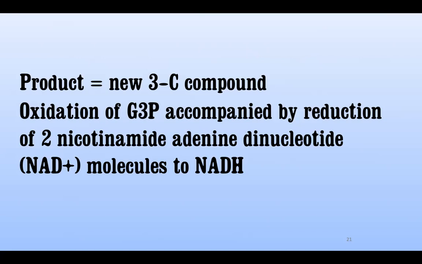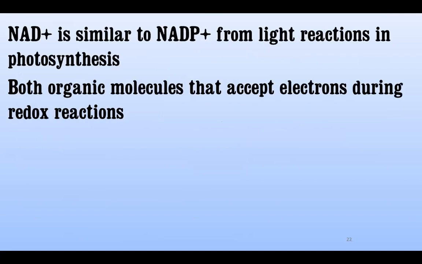Okay, so you're reducing NAD+ to NADH. And as I said, NAD+ is similar to NADP+ from the light reactions and photosynthesis in that they're both there to accept electrons during redox reactions, because if something loses electrons, these 2 compounds are there to accept them.